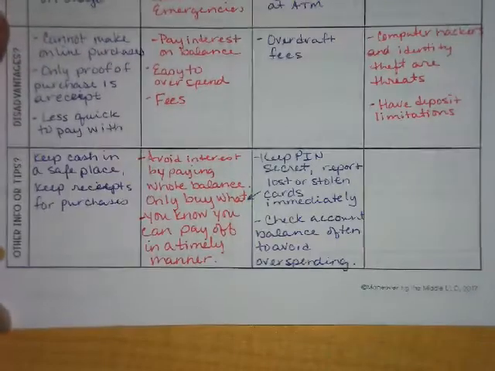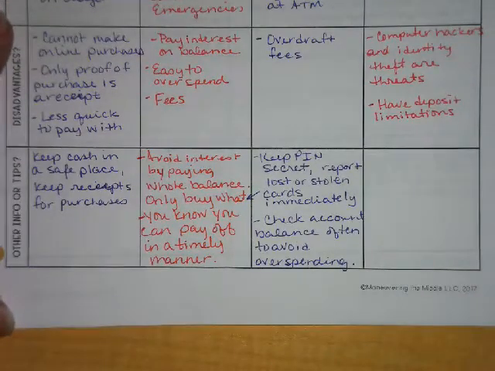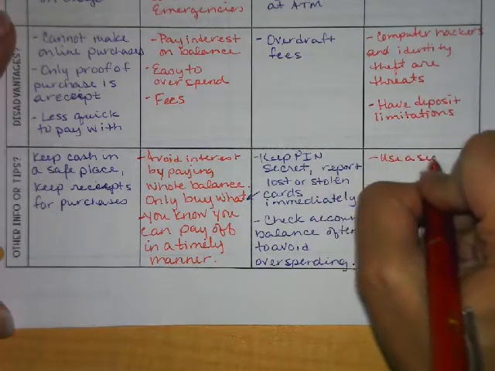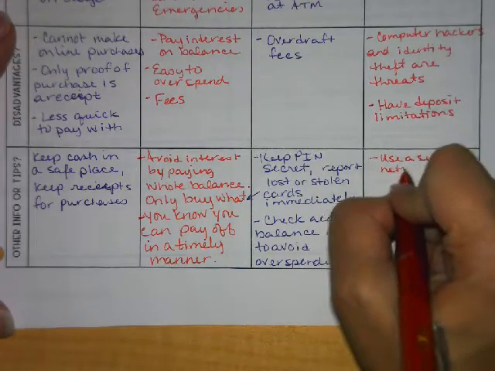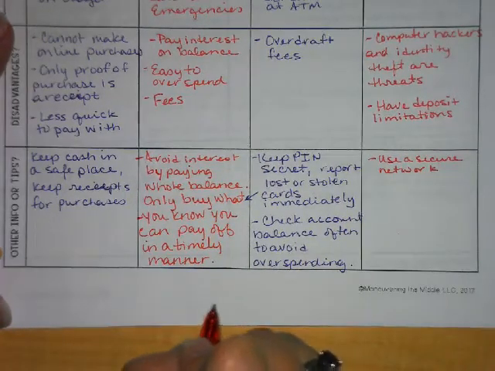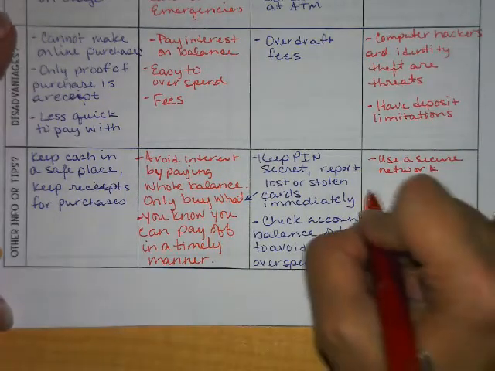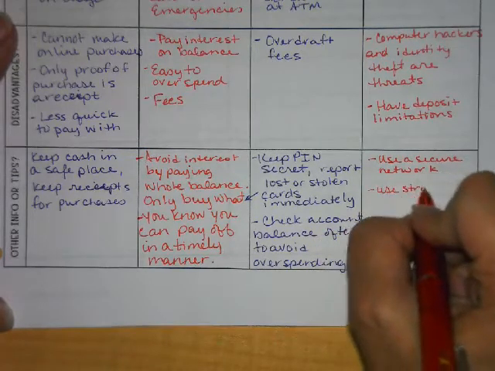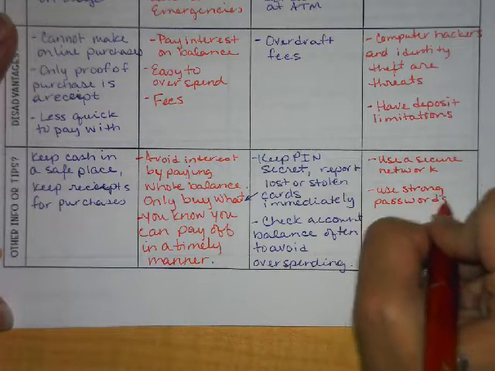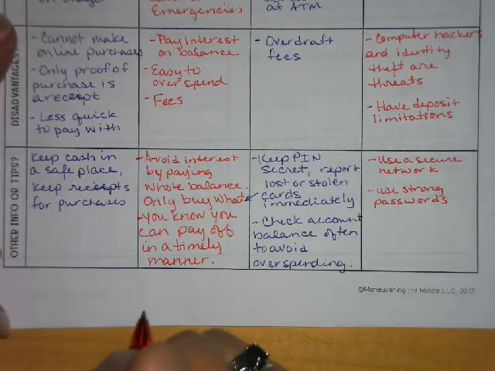Other information about online banking: use a secure network, right? You don't want to be on some free Wi-Fi doing your banking. Use strong passwords, right? You don't want to use your birthday. You want to use something that no one's going to figure out, but that you'll remember.